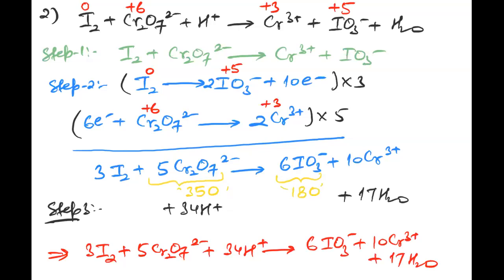In this case, there is no need for step 4, as the reaction is already given in ionic form. So with the help of around 3 to 4 steps, you can balance any complex redox reaction.